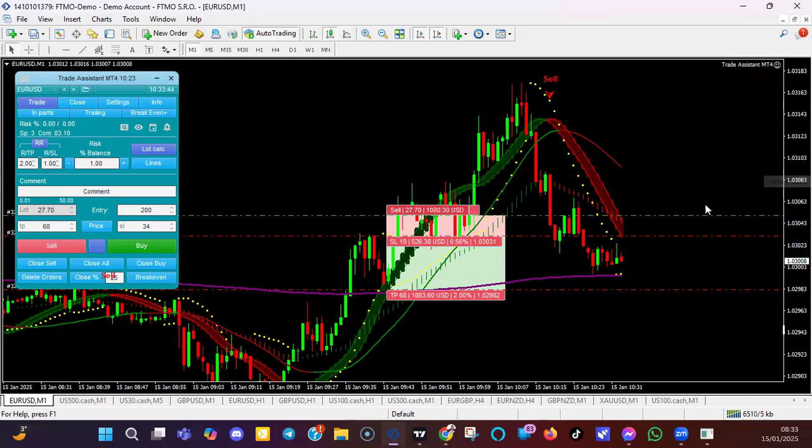But now the volume's gone out of the market. We can see that by the length of the candles. The thing is, are they picking up more sell orders or more buy orders?